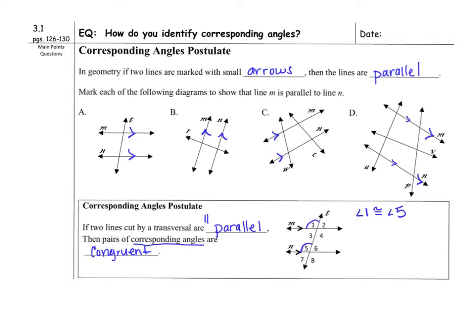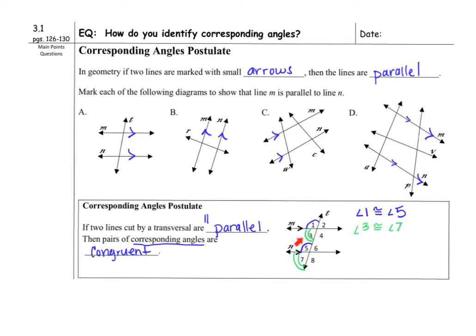If we look at angle 3, it is underneath line M on the left side of the transversal T. So which angle is on the same side of the transversal in the same position? That would be angle 7. So this means that angle 3 is congruent to angle 7.